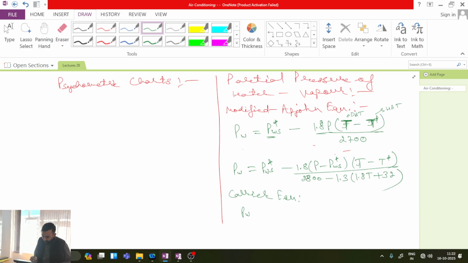So what I have written is the Carrier equation. Now let me write the modified one.